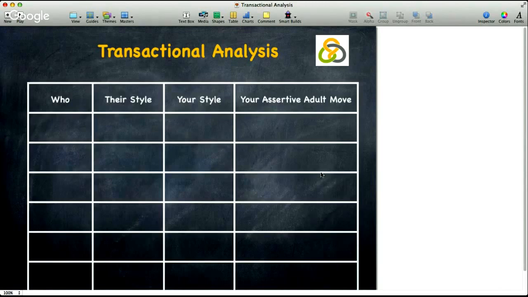If you receive a reply from the wrong, non-expected ego state, then you can either try to shift the other person's ego state, or you can try again another time when the person may be in a different ego state. You can listen to people's communication style to identify if they're habitually in one ego state, and then decide if communication to that ego state would be appropriate or not.